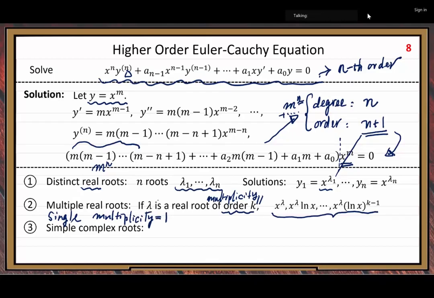Then conjugate pairs. Why can we consider conjugate pairs? Because here we assume all these coefficients, little a_j, must be real coefficients.